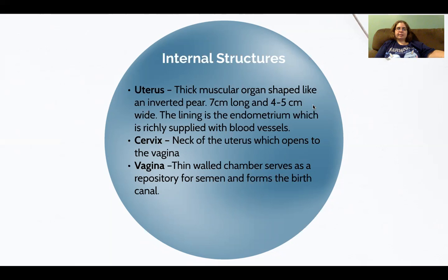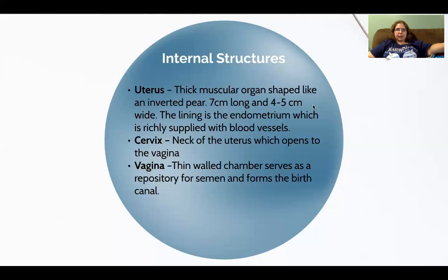The cervix is the neck of the uterus. So at the very bottom, there's the opening to the vagina, and that's what the cervix is. It's essentially the doorway that separates the vagina from the uterus. The vagina is a thin-walled chamber that is internal. So it's the canal, the birth canal.